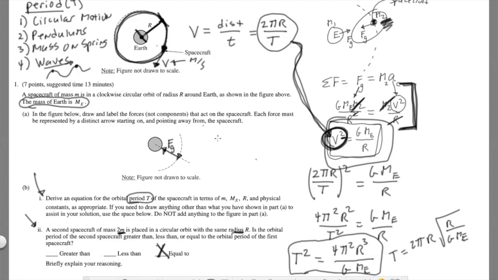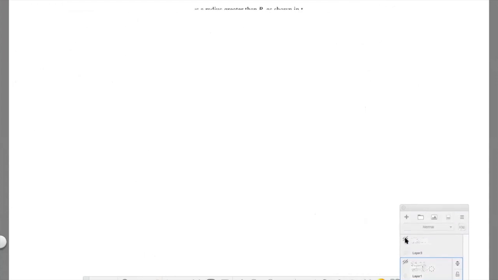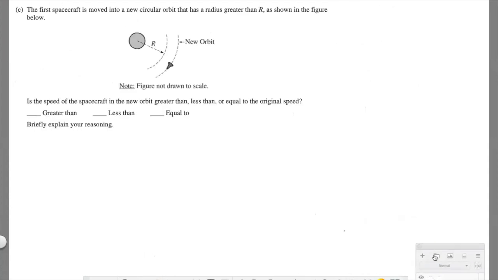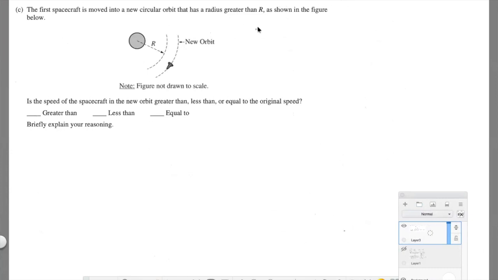Okay, so let's go to the next screen. All right, which brings us to the last part. The first spacecraft, how do I hide this?